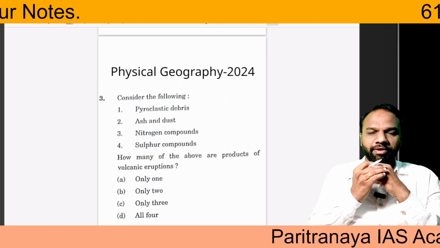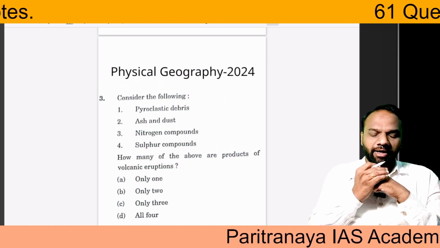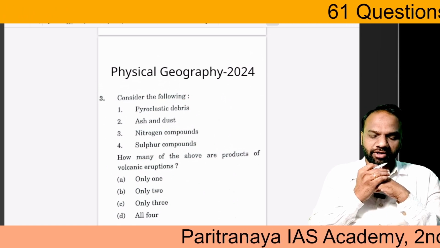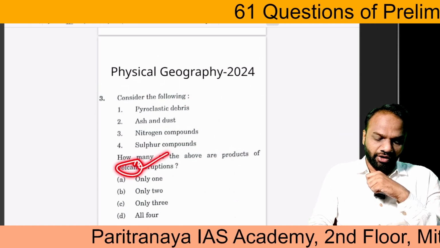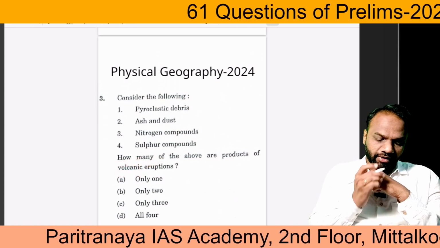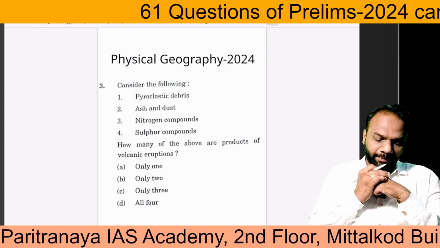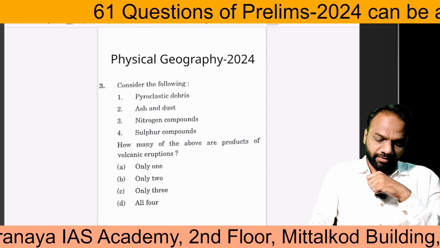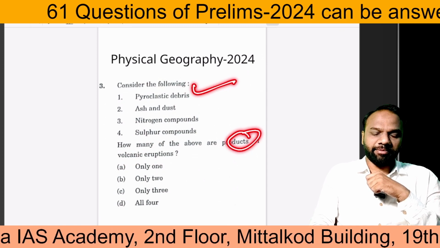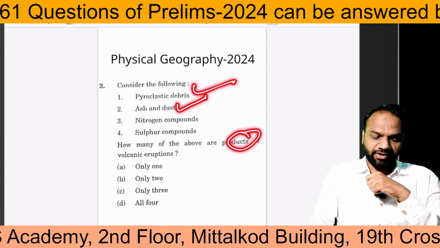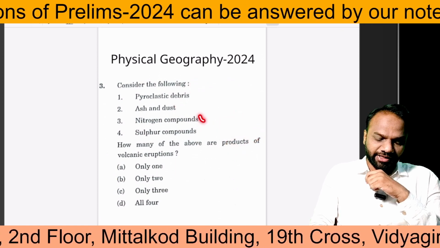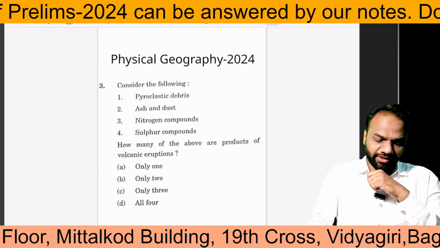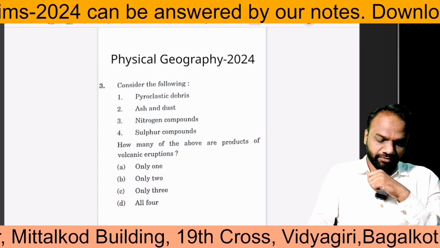For example, previous year they focused on earthquake, and this year they focused on volcano. The products of the eruption include pyroclastic debris, ash and dust, sulfur compounds, and to a small extent even nitrogen compounds. So hence the answer is all four.